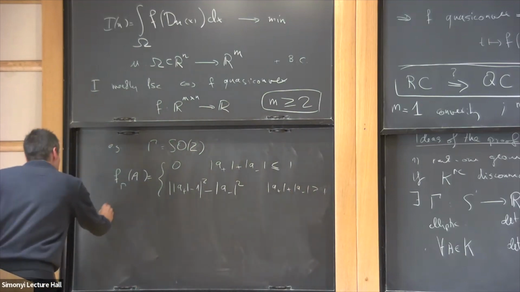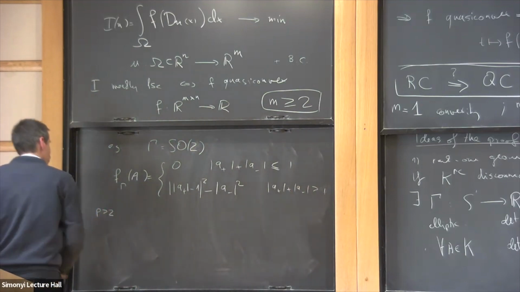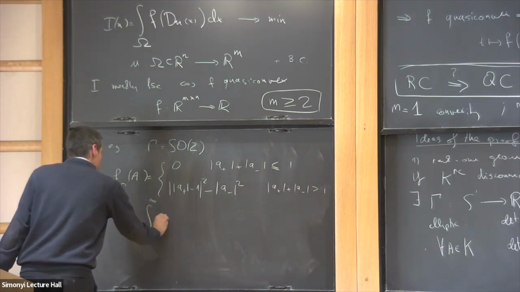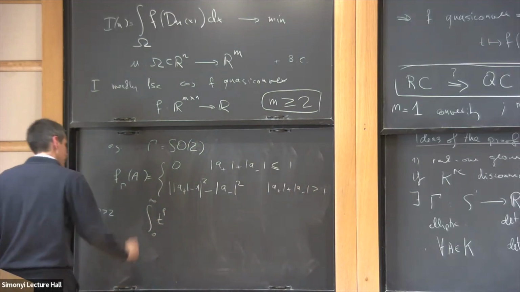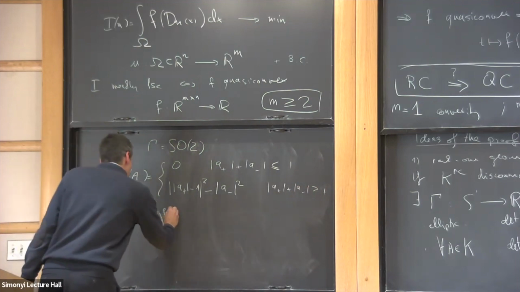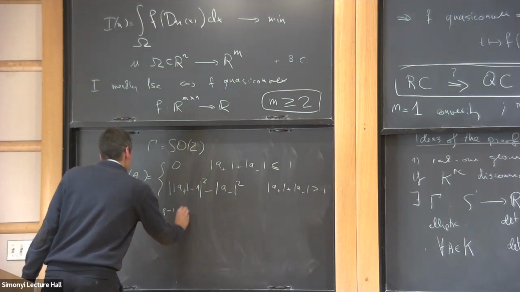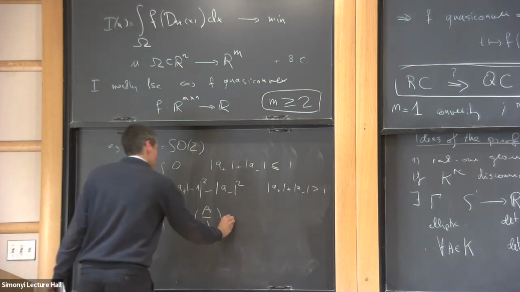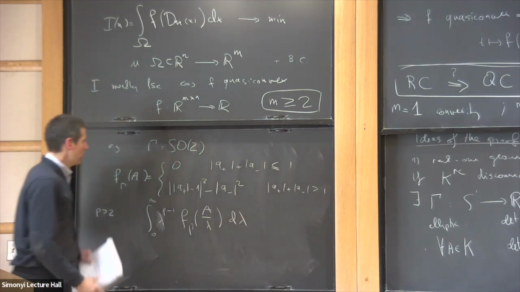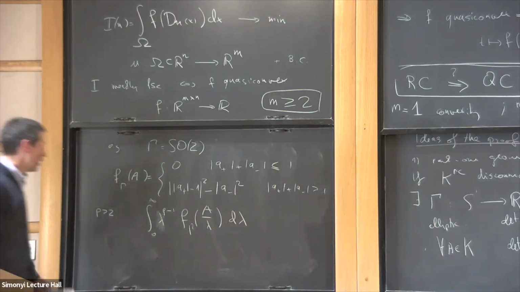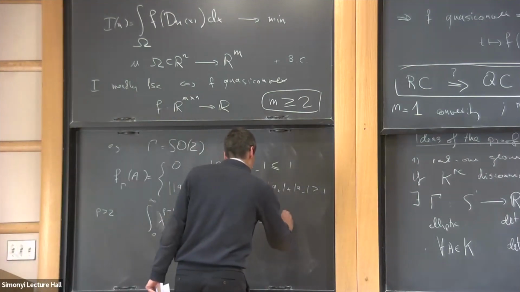The point is, if you take p bigger than 2 and integrate lambda to the p minus 1, F gamma of A divided by lambda, d lambda, so I take this function and make it p-homogeneous, this is exactly equal to Burkholder's function.